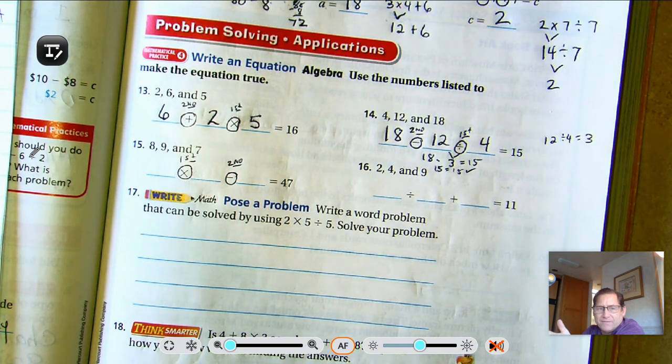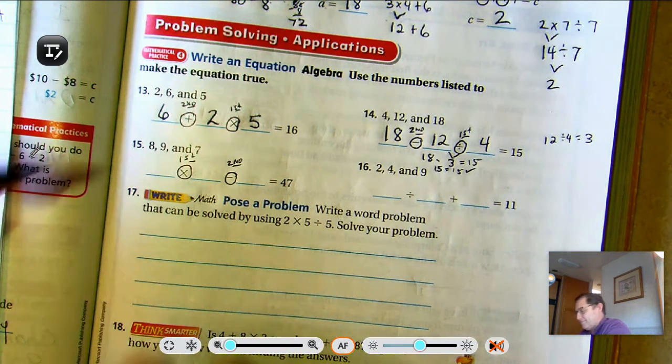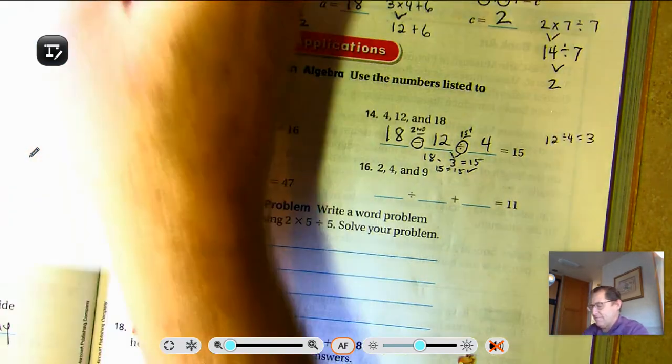We can do 9 times 7. And we can do 8 times 7. I'm thinking I like 8 times 7 because that's closer to 47. Let's try that. 8 times 7.